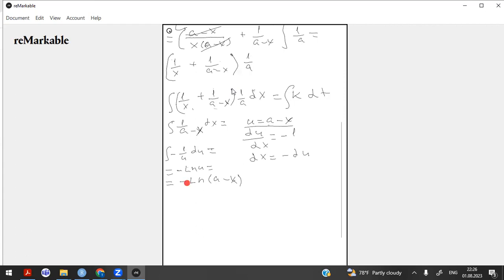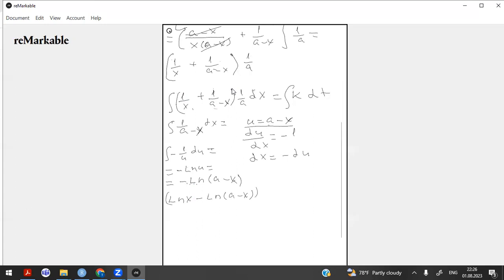Now we just put the whole stuff here. The integral of 1 over x is ln x. Then here we have the integral of this part, what we just did. So we will have minus ln a minus x, right?